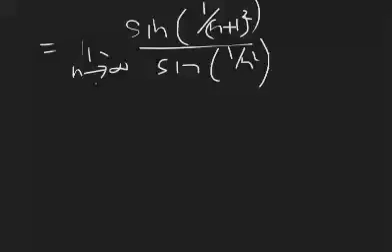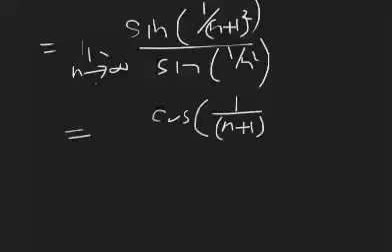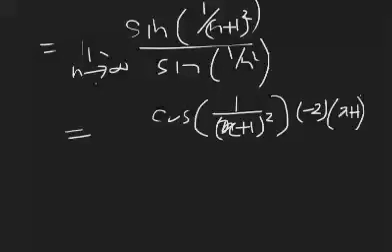So let's apply L'Hopital's rule. Differentiating sine, you get cos of 1 over (x plus 1) squared, times the derivative of 1 over (x plus 1) squared with respect to x, which is negative 2 times (x plus 1) to the minus 3.